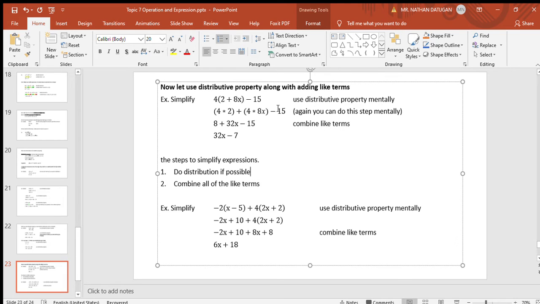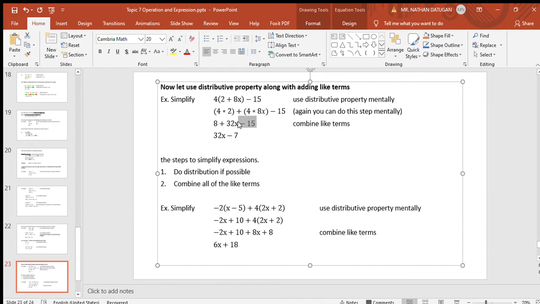Minus 15 will stay the same. We're not distributing 4 to that since it's not inside the parentheses. Now you simply do the multiplication. 4 times 2 is 8, and 4 times 8x is 32x. And then minus 15 will simply be minus 15.